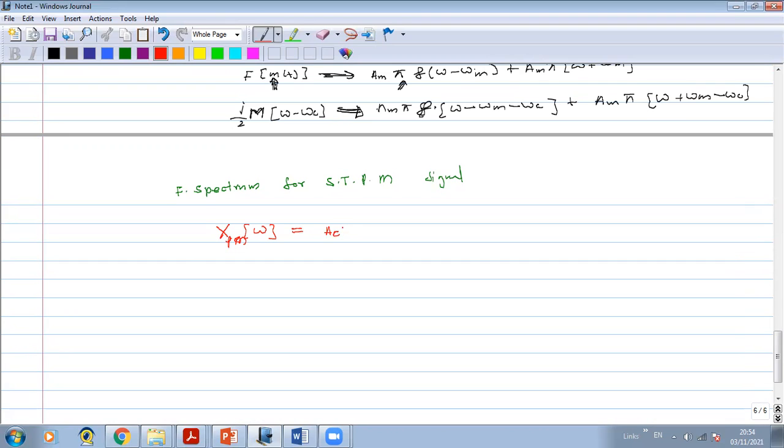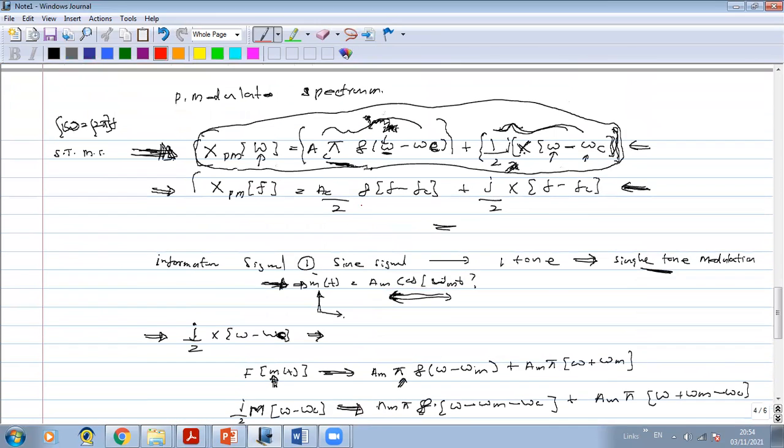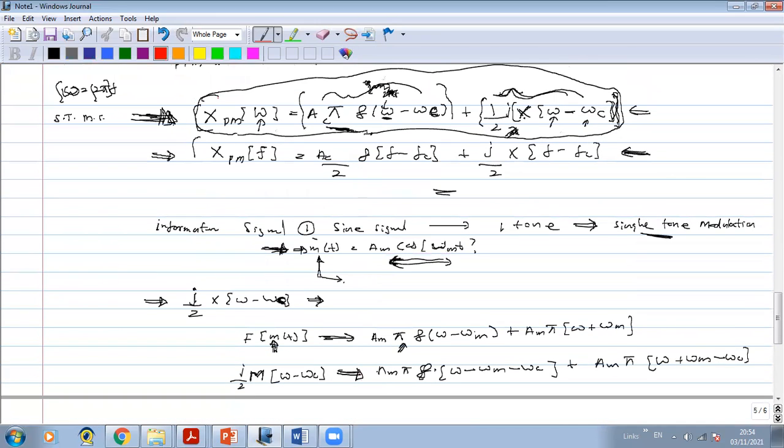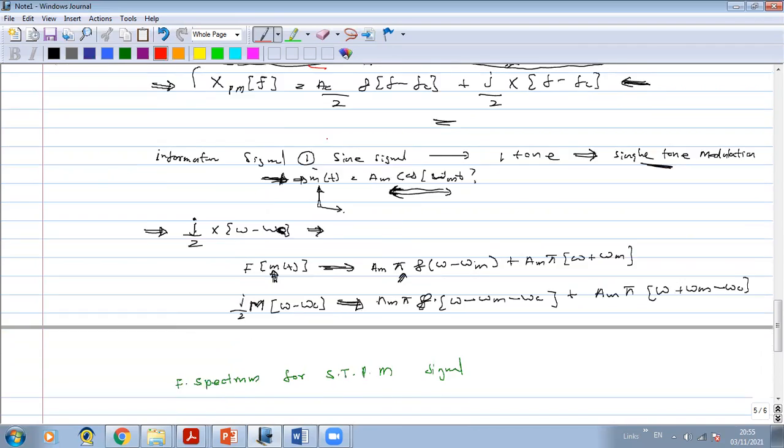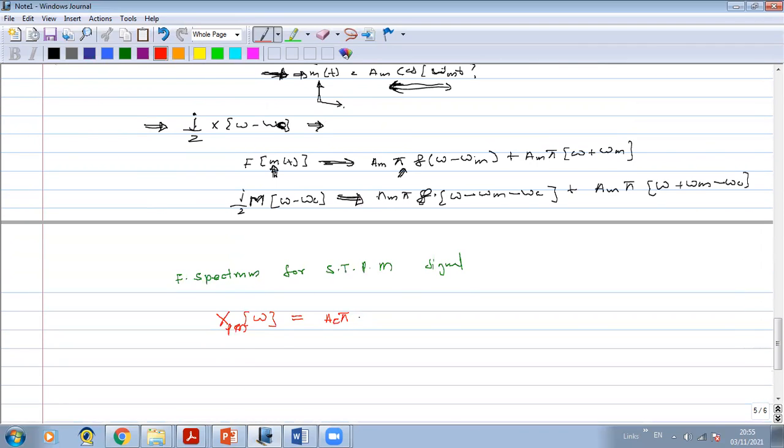A_c 5. So here also I will only consider the plus value, only this term: A_c 5 delta omega minus omega c. And plus we have these terms. Here also we have two terms, this one and this one.